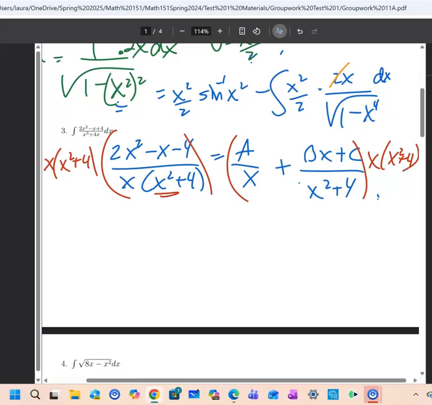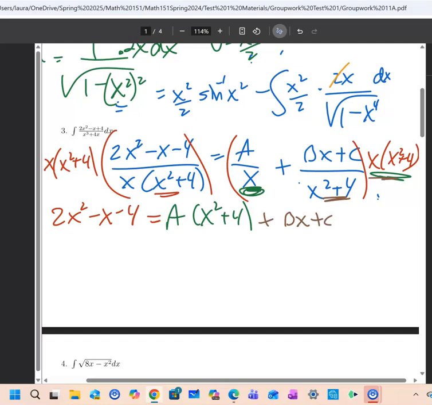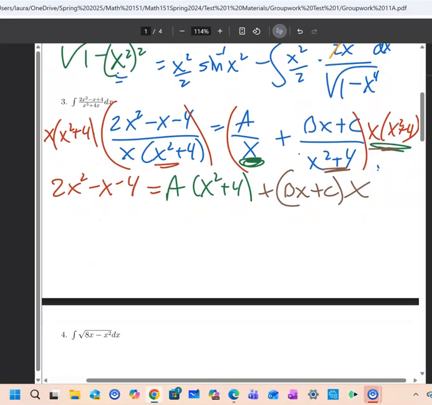Okay, so the left-hand side turns out to be just the numerator, right? And then on the right-hand side, so think about it, this times this, I get A times x squared plus 4. And then this times this gives me Bx plus C times an x. Then the parentheses are very necessary.